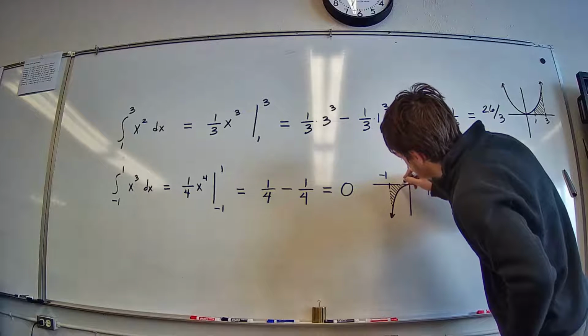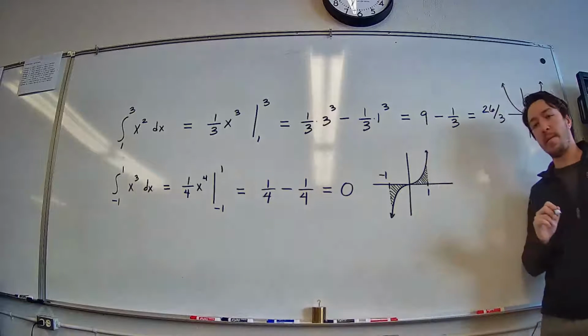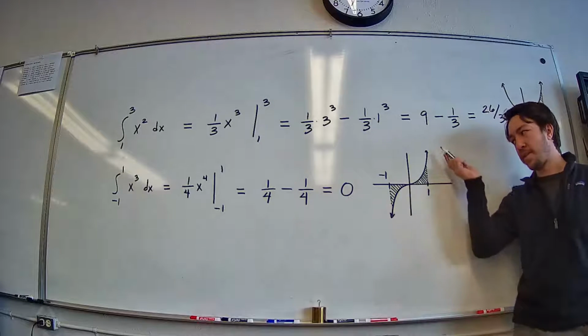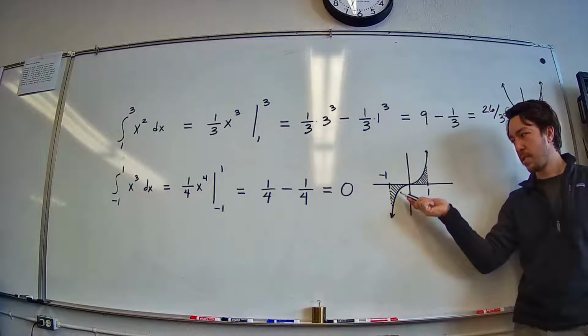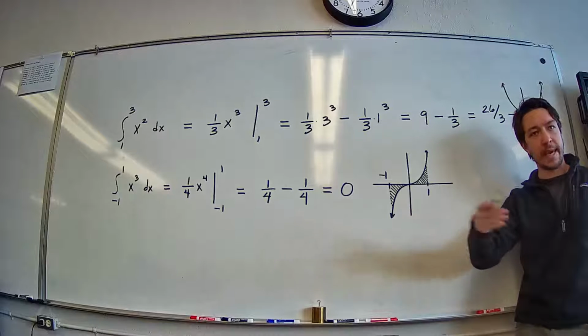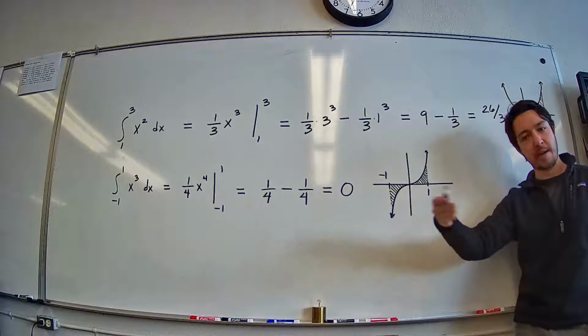And this all ties back to the whole velocity thing. If this was a velocity graph, then this is negative velocity, meaning you'd be traveling backward, thus taking away from your overall displacement, subtracting from it.